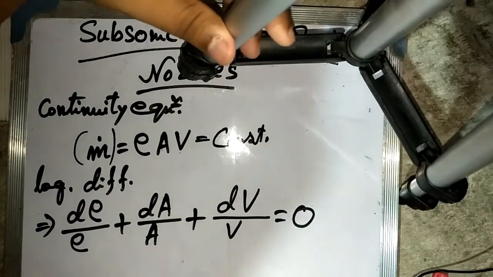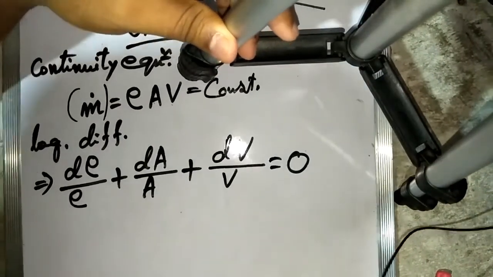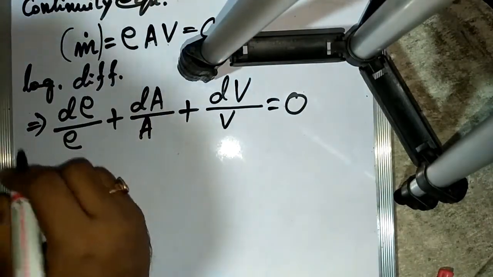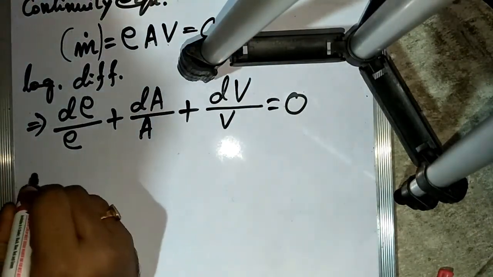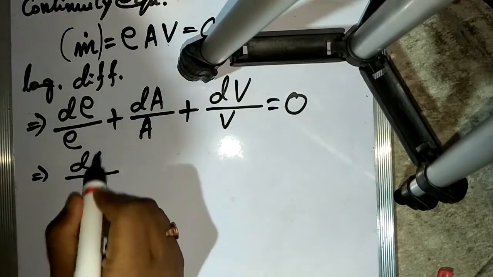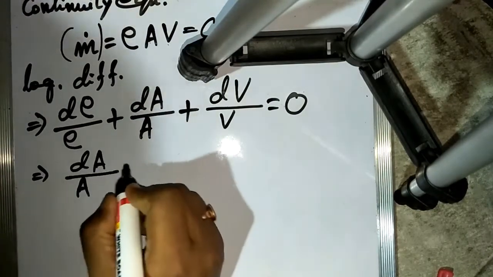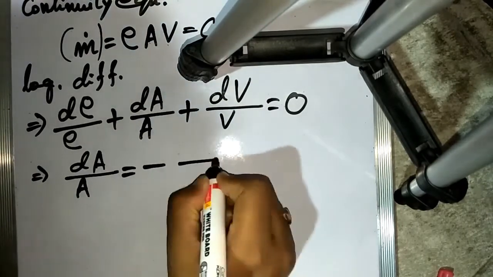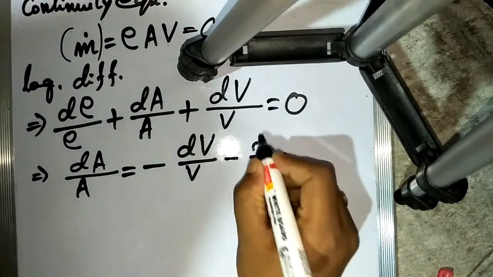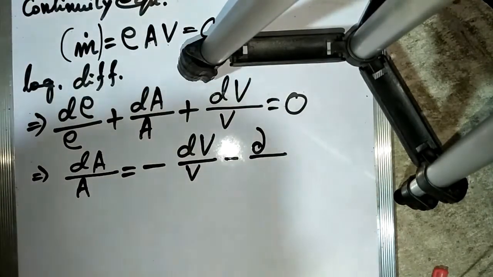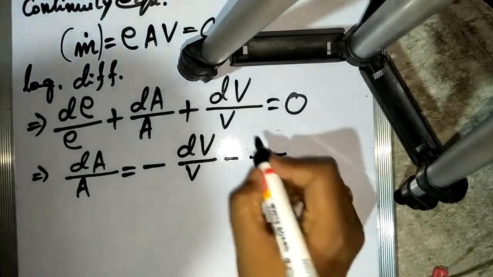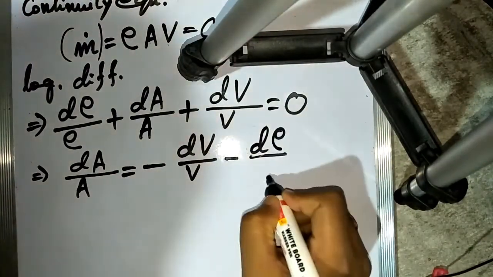From this relation, we can write dA by A equals minus dV by V minus d rho by rho.